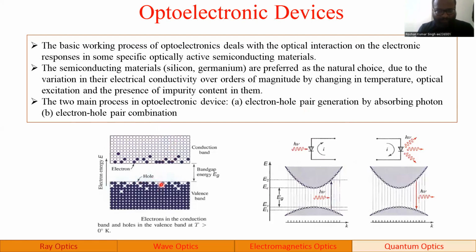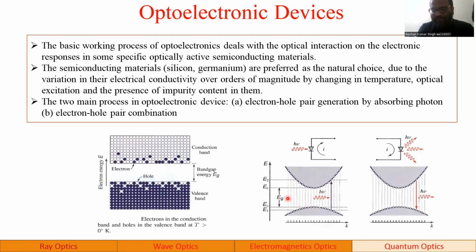This is the energy state of the material. There is a valence band, an energy gap, and the conduction band. When a photon strikes the material, some electrons go to the conduction band, a hole is generated, and some electrons recombine with holes, creating electron-hole pairs. Now, how does current flow?